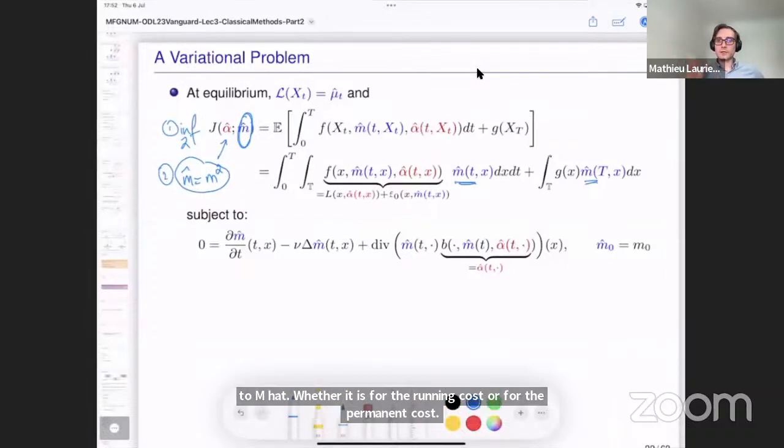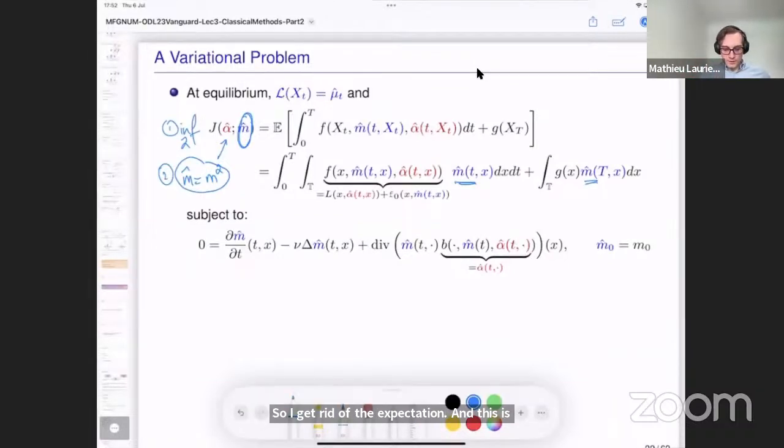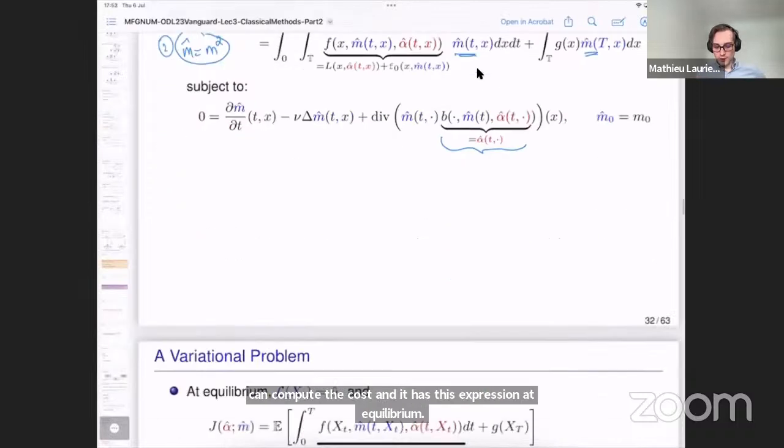So I get rid of the expectation, and this is subject to the evolution of m hat controlled by alpha hat. And because the drift is directly equal to the control, I can just write alpha hat instead of b. Okay, now I'm not doing any optimization. I'm just saying, if you give me alpha hat, you give me m hat, I can compute the cost, and it has this expression at equilibrium, if I am already at equilibrium.